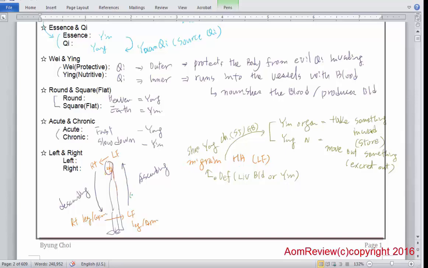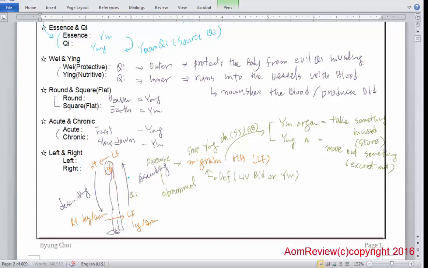Normally qi must ascend to the left side, to the left side of the head and the eye, ear, or nose, right? But if someone has pain, we call this abnormal, not normal. Not normal means this is disease, right? A disease condition is what we call an abnormal function.